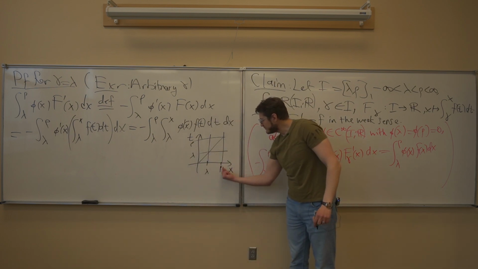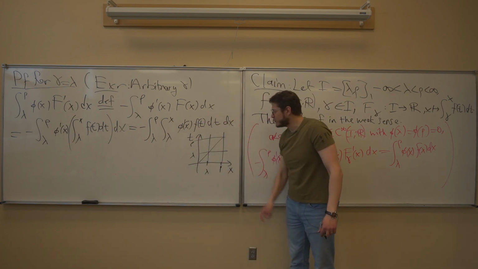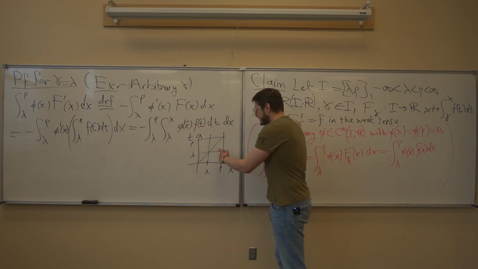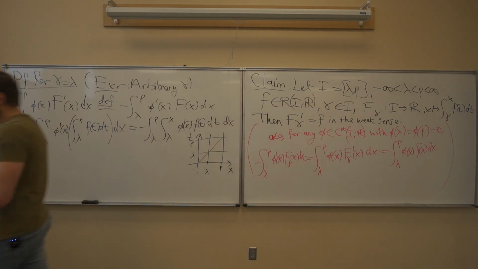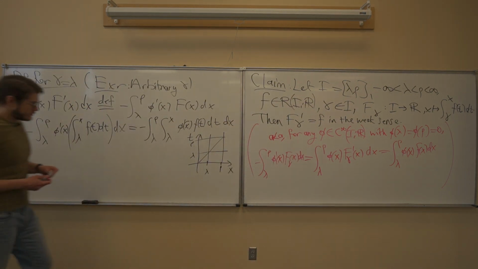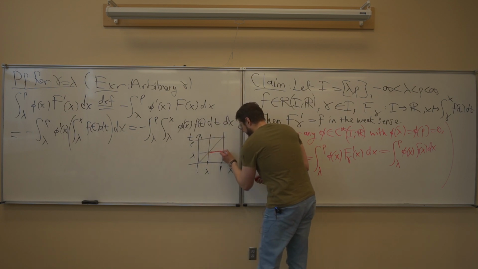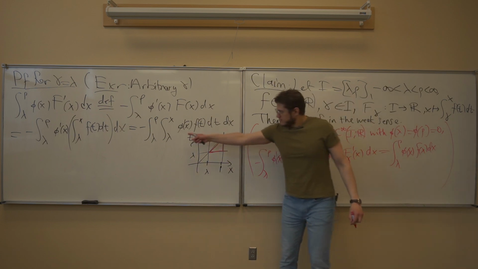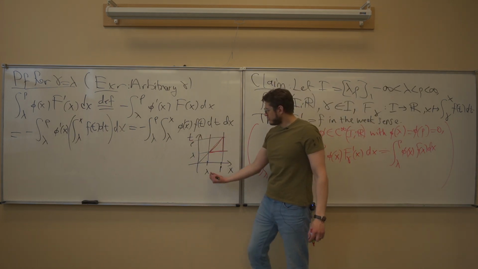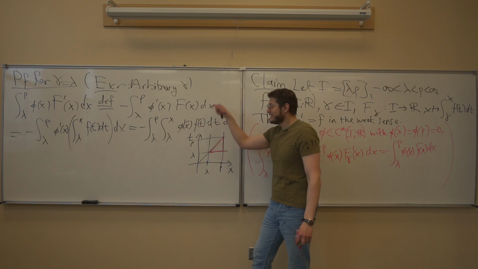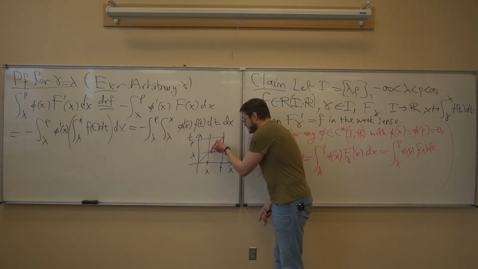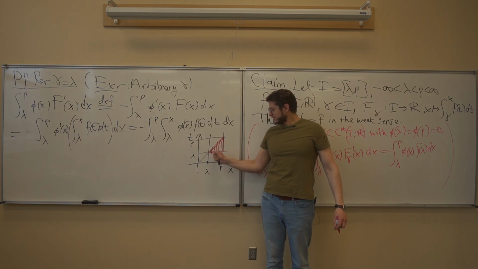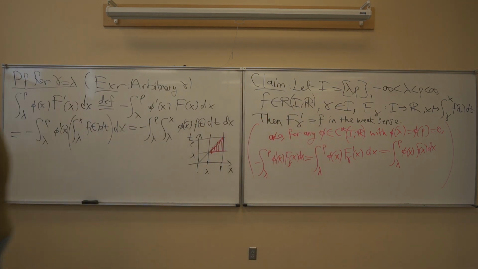X varies between lambda to rho, and then t varies from lambda to x, which means that the domain of integration of this iterated integral is this rectangle. It's a triangle, sorry. This iterated integral first varies x and then t as a function of x. So it's doing this. But the point of doing this is that instead of integrating it this way, I can integrate it using horizontal slices.